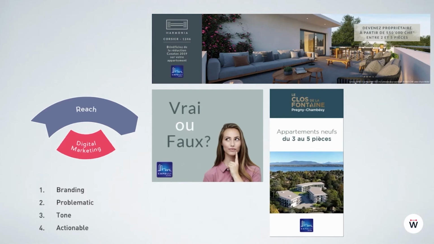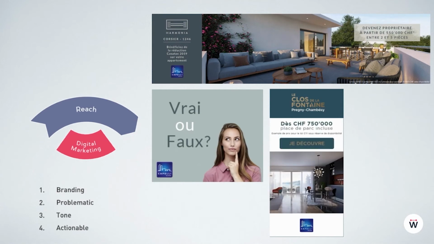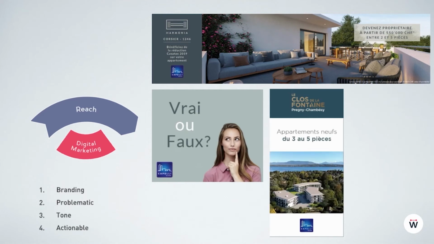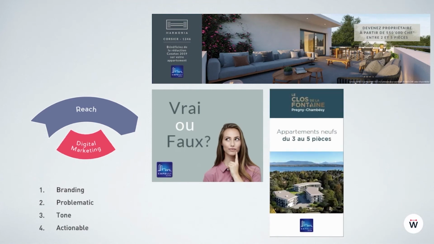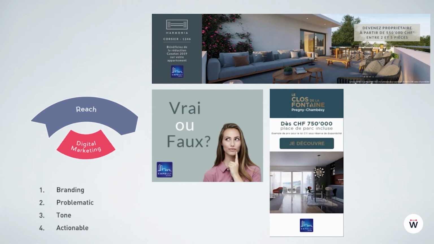Make sure that all the content that you will distribute is coherent and respects the design guidelines. Number two is all content should answer a problematic. So if you have a problem you want to answer, whether it's about pricing level, location, or commuting time, make sure you address this problematic and that you answer it so that you know what's the key message that you're giving out there.